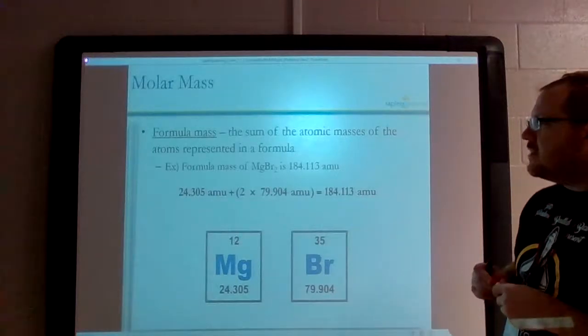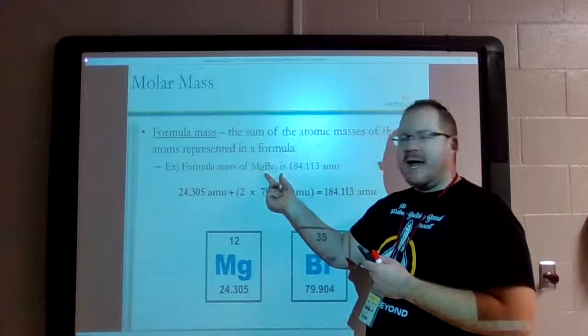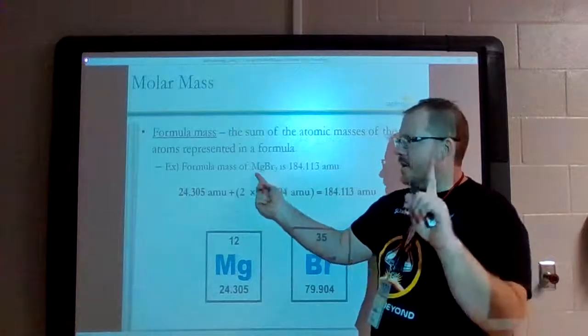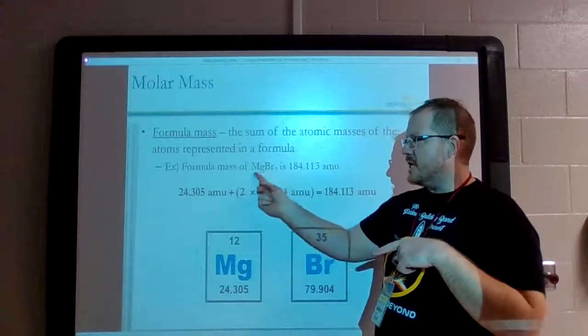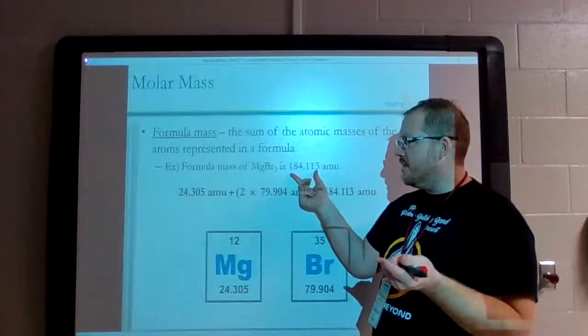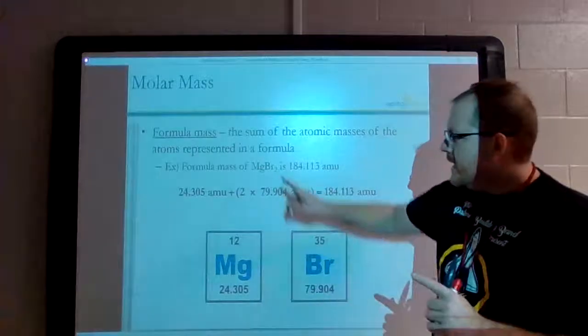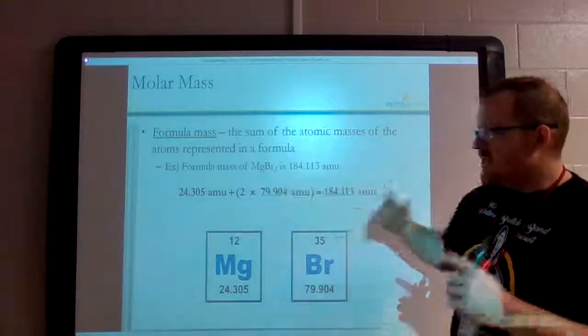So they do another example here, formula mass. Magnesium bromide is the formula they're using. 1 magnesium, 2 bromines. You can see MgBr2 here. They have a total weight of 184.113. And how they got there is they have 1 magnesium and 2 bromines. They're going to add those together.